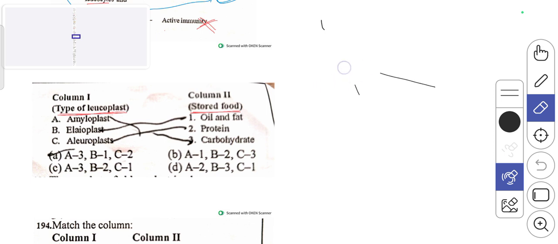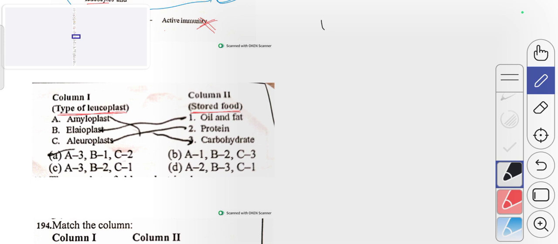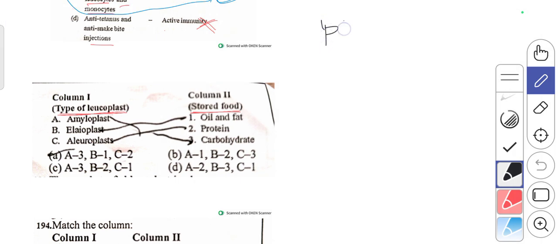So I will repeat the same thing again. The plastids are present mainly in plants and euglenoids. The plastids will be divided into three types.